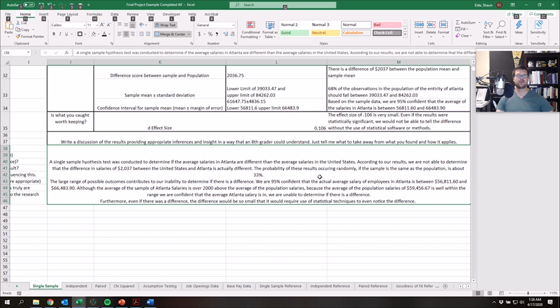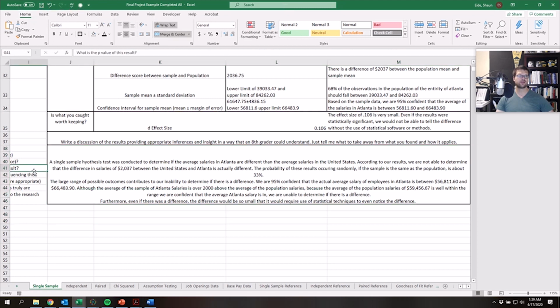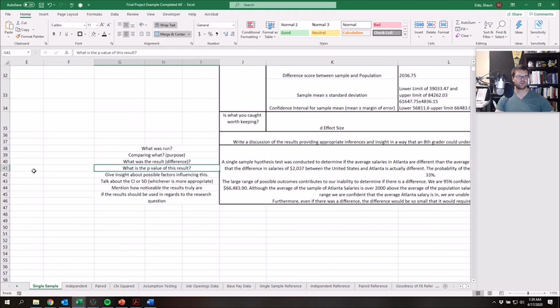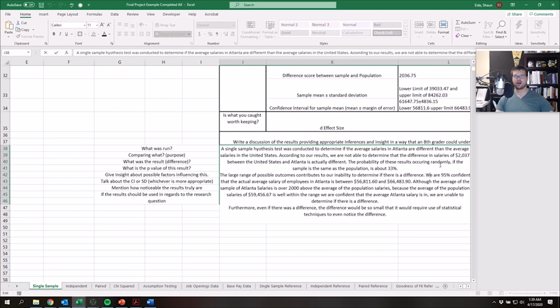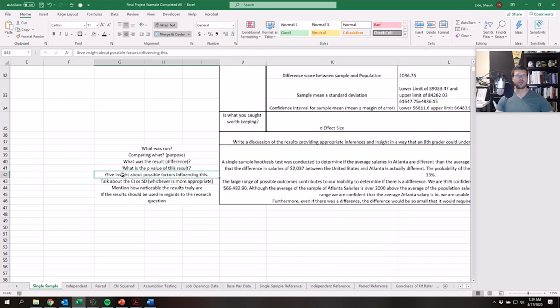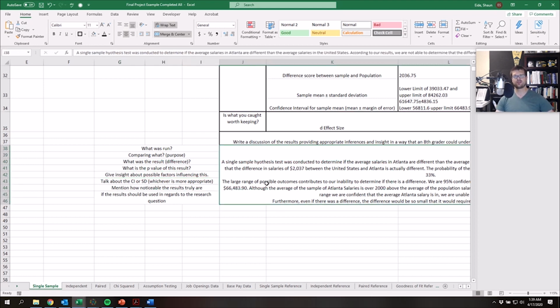Notice right over here, it says, what are the results? What is the p-value? So this is the p-value, the probability of it randomly occurring. And then give insight about possible factors that influence it. So basically I said there's a really big standard deviation. Because there's a big standard deviation, that's one of the reasons why we're having issues. Then talk about the confidence interval and the standard deviation, whichever one's appropriate. They may not both be appropriate. Talk about which one is appropriate. You've got to have at least one of those two.